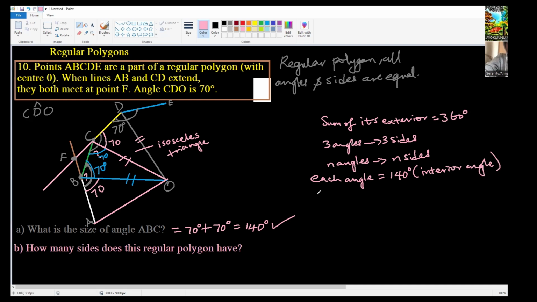then each exterior angle will be 180 minus 140 degrees, which is 40 degrees. So how are we going to arrive at the 180? Let me show you.